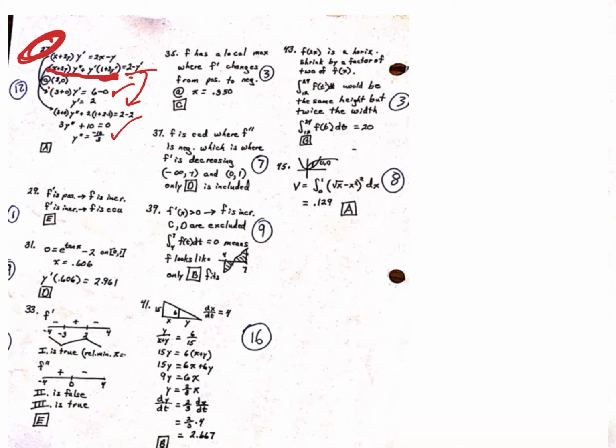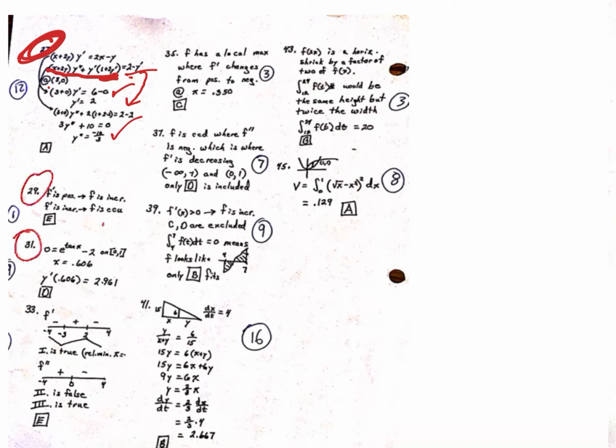29, I had one person asking about, since f prime is positive, f is increasing, f prime is increasing, then f is going to be concave up. So that got us that answer of E there, where that's going to be true. And then if we go on, 31 also had 9 people asking about number 31.